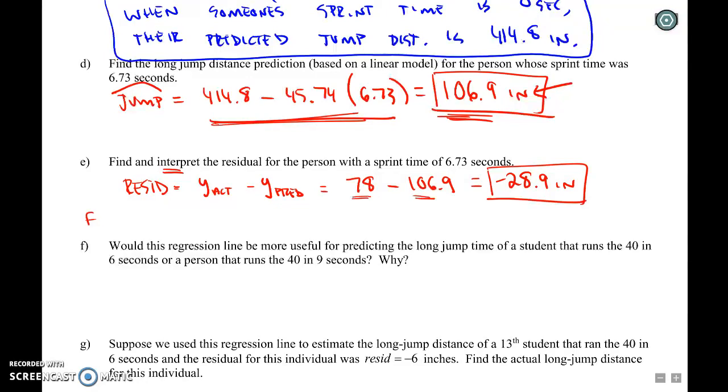So for this kid, you could either say the actual was 28.9 less than the predicted, or you could say the predicted was 28.9 inches more. I like to say the prediction was an overestimate.